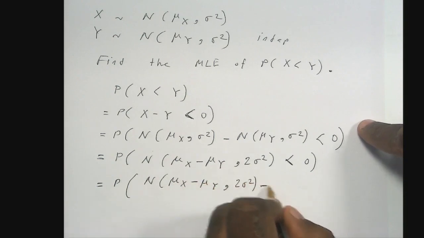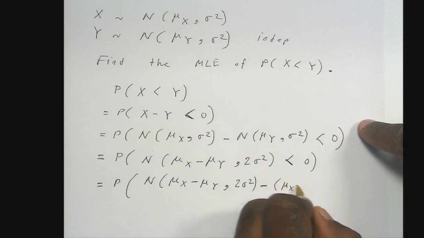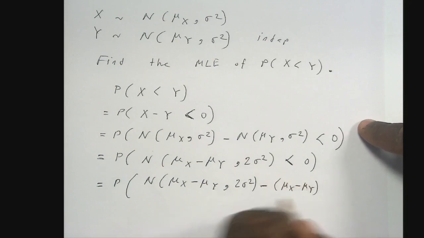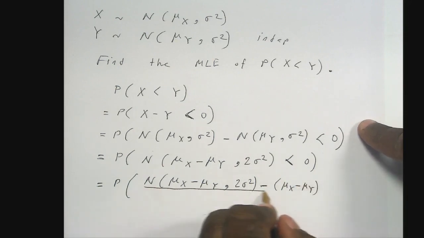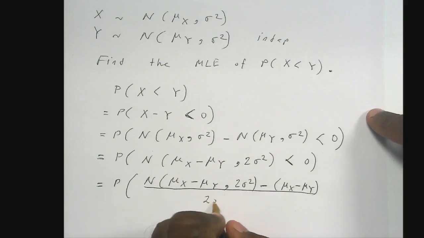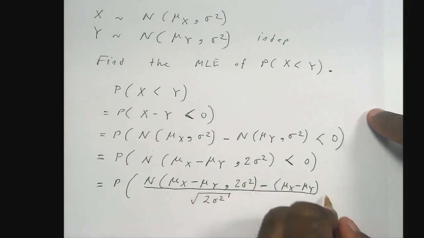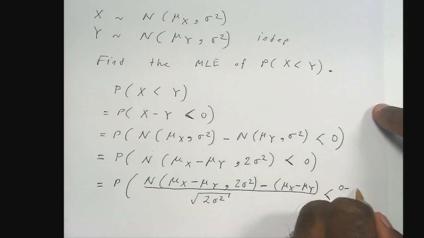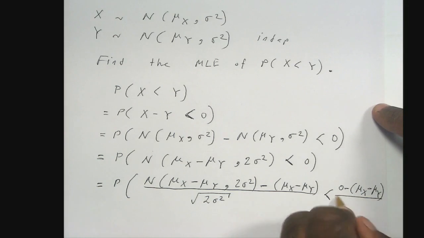So I'm going to subtract the mean, which is mu x minus mu y, and divide by the standard deviation, which is the square root of 2 sigma squared. So do the same thing on the left and the right. Yeah?